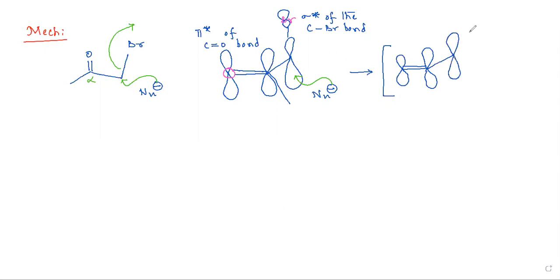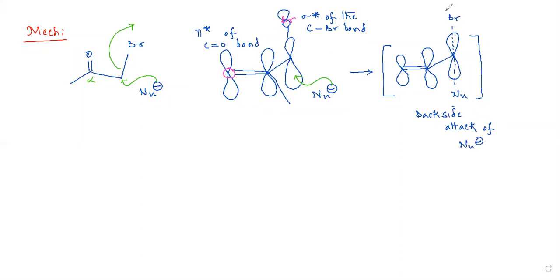This is very interesting. Now bromine is going out. One lobe has actually overlapped with bromine and the other one with the nucleophile. This actually explains the backside attack of nucleophile.